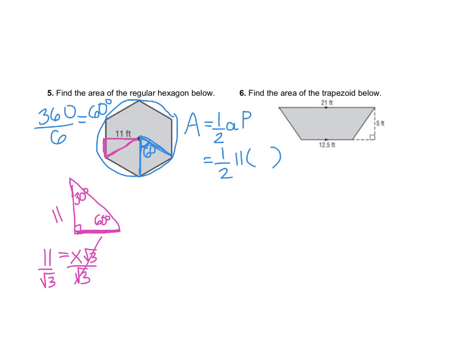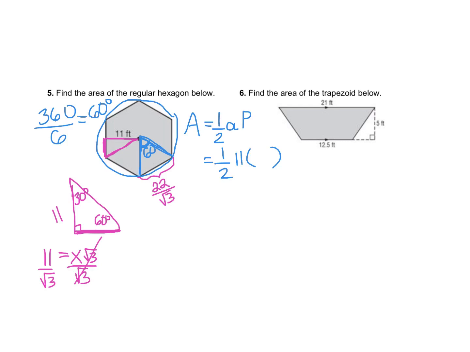Now realize that I only found this bottom part, which would be this side right here. I didn't find one complete side of the hexagon. So if I were to find the total length of one side, we would double it. So that's why it's actually 22 divided by the square root of 3. Because when I'm multiplying by 2 to get the length of a full side, you're only multiplying the numerator by 2, since it would be 2 over 1.